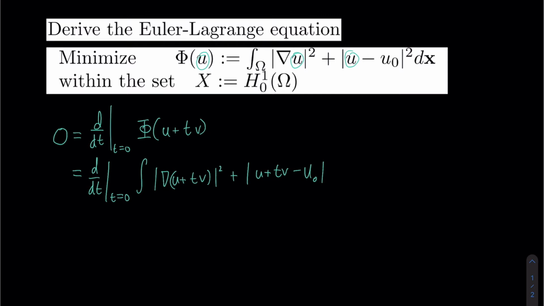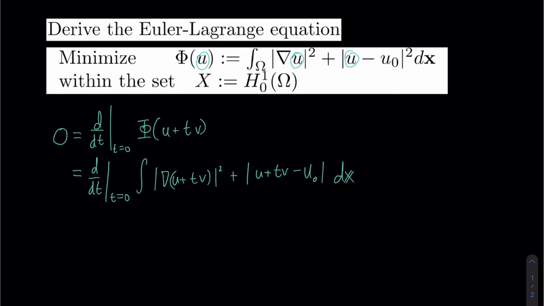And of course we have dx. And first of all, we have to realize that we are deriving with respect to t. And therefore, some of these terms are not going to matter.